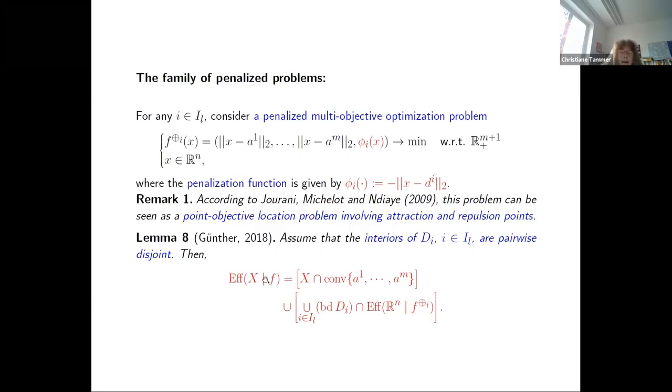And Christian Günther derived this nice result concerning the solution set of the constraint location problem, where in the description again, the set of Pareto-efficient solutions of an unconstrained multi-objective problem with the penalized objective functions that you can see here is involved.